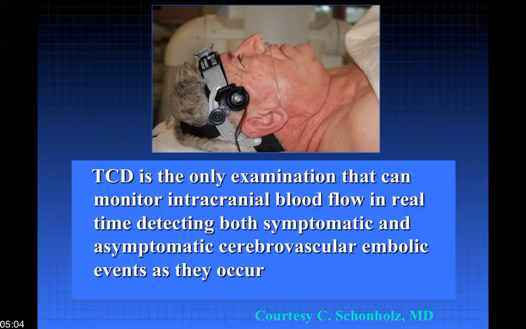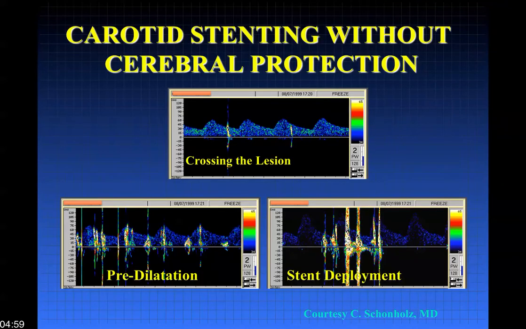So transcranial Doppler is a way of assessing what's going on in the intracranial circulation, and there have been a number of people, including the group again here at MUSC, who have documented, and I think Juan Perotti actually initially emphasized, looking at the various stages of intervention and identifying where the most activity was, so to speak, in terms of hits going on to the brain. And here you can see the varying level of hits, particularly the most being associated with stent deployment in these 3 phases, so to speak, of the endovascular procedure.